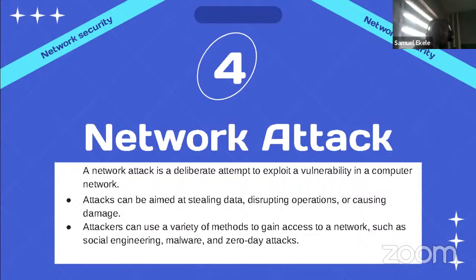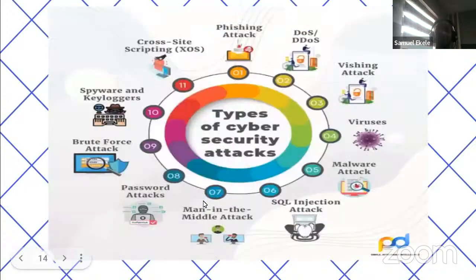It can aim to steal data, disrupt your operation, or cause damage to your system. And attackers can use a variety of methods to gain access to a network, such as social engineering, malware, and zero-day attacks. So they use different means to actually get access into your network.